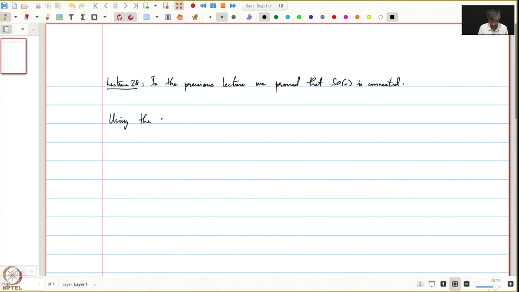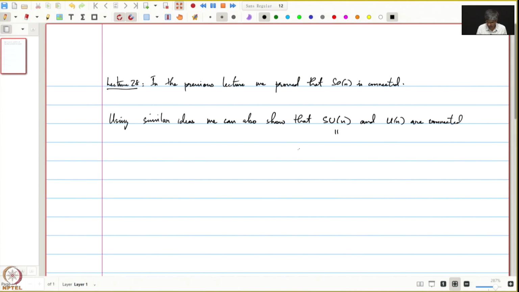Using the same methods, or using similar ideas, we can also show that SU(n) and U(n) are connected.